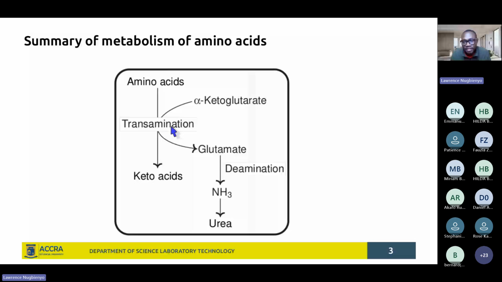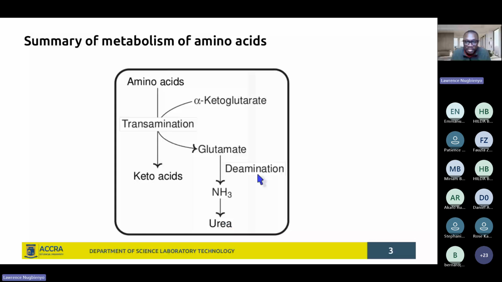We've actually seen this reaction when we were looking at the classification of the enzymes. We saw the transfer of amine group from an amino acid onto alpha ketoglutarate, and that formed glutamate or glutamic acid. And then from glutamic acid, there will be the removal of that amine group, which goes into the synthesis of urea. That process is what is referred to as deamination.